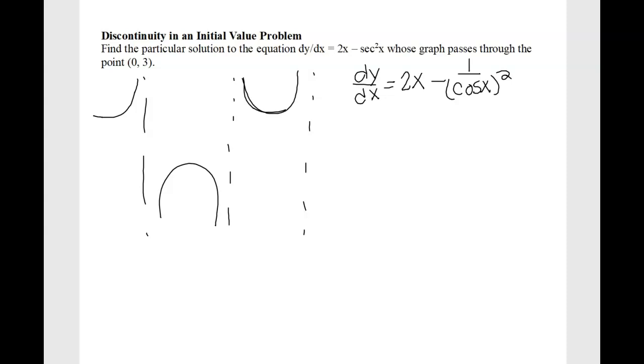So we want to know when 2x is equal to 1 over cosine of x squared, which is really like saying, when does 2x cosine squared x equal 1?